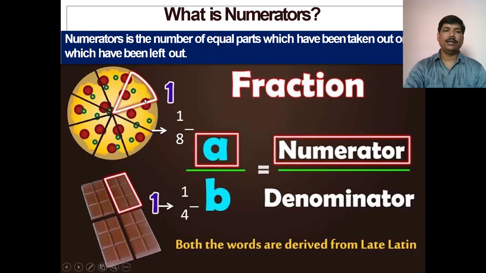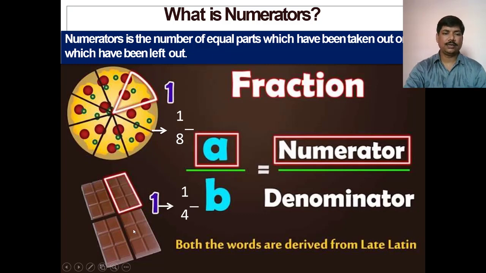Here, remember that the whole object is divided into parts, but these parts must be equal. So out of these parts, if we take two parts, these two parts are a fraction of the whole, and some parts are left there. The left parts are also a fraction of the whole.